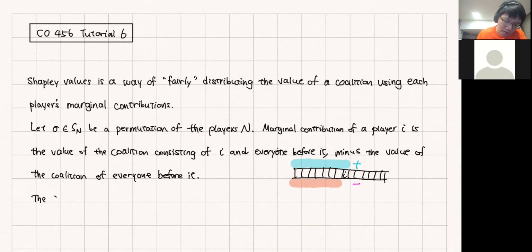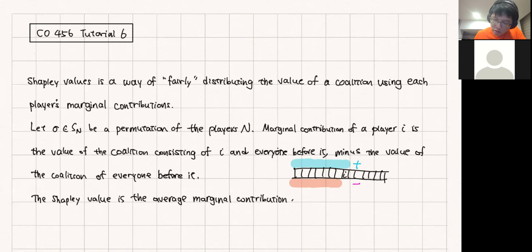So the Shapley value is the average marginal contribution of a player over all permutations. Okay.